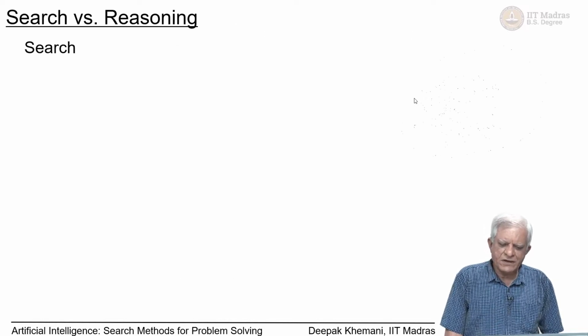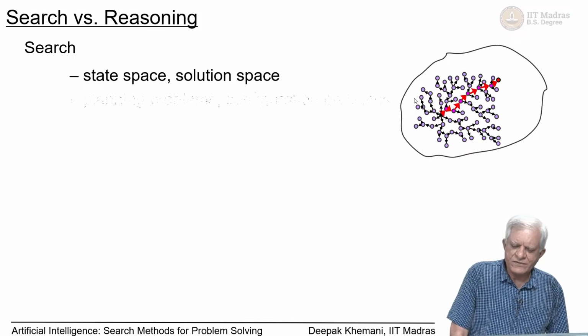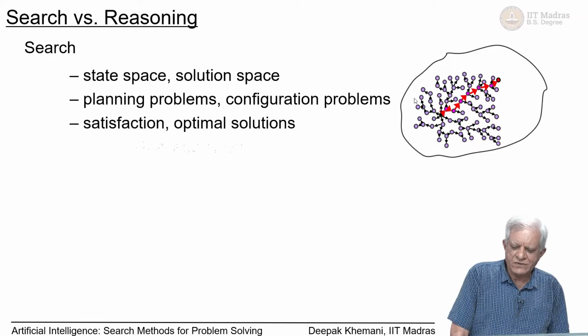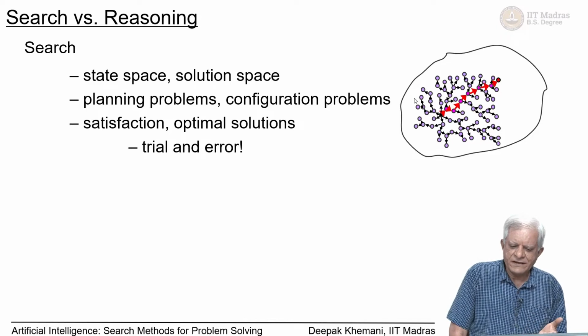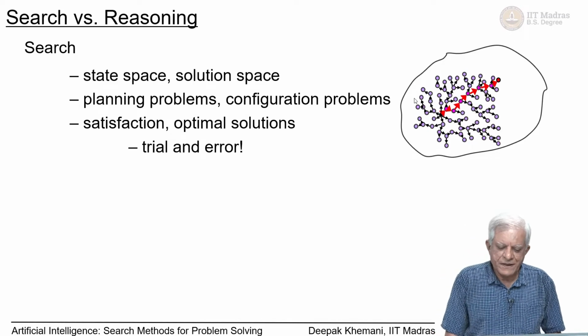So, we have been talking about these two aspects. We have not discussed so much on reasoning. If you have done a course on knowledge representation, then you would know what reasoning is about. We did mention it very briefly. Search, as we have seen, can be state space or solution space. We saw planning problems, configuration problems. We saw satisfaction and optimal solutions, for example, the SAT problem and the TSP problem.